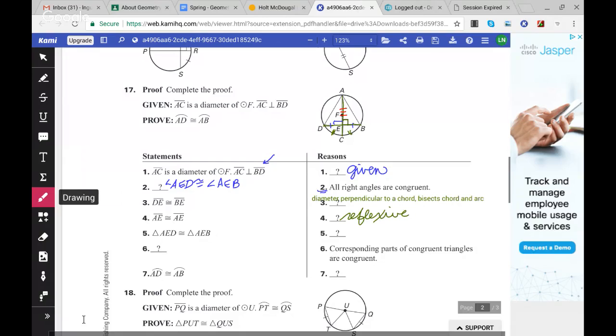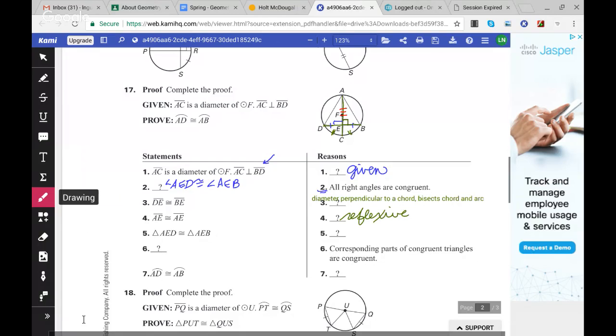That is a possibility because they're right triangles, but we don't have anything marked on each hypotenuse, so it can't be that one. Well, I know this because the chords are congruent and the arcs are congruent. Look at what's marked from steps 1 through 4 on the triangles.